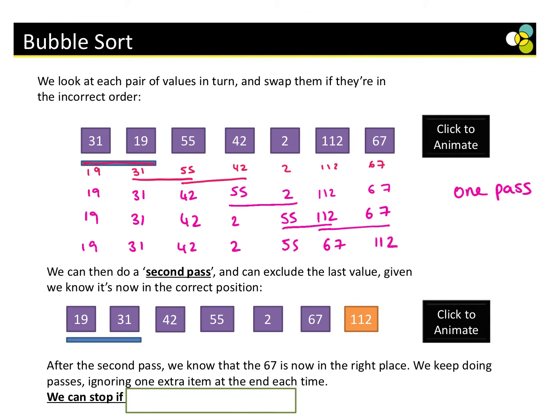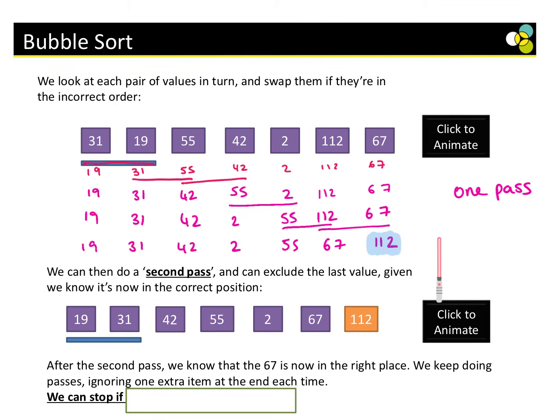We're not done, but we definitely know that one value is in its correct place. One value will 100% be in its correct place. So 112 is the one in the last place, and it is in the correct position, because no matter where in the list 112 would have started, we would have kept passing.